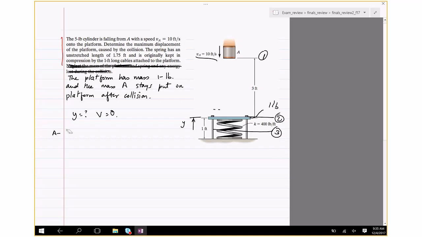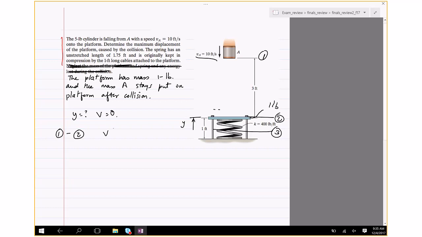So from 1 to 2, one way you could do it is use the principle of conservation of energy. The other way is to treat it as a particle falling under gravity. So it's a kinematics problem.